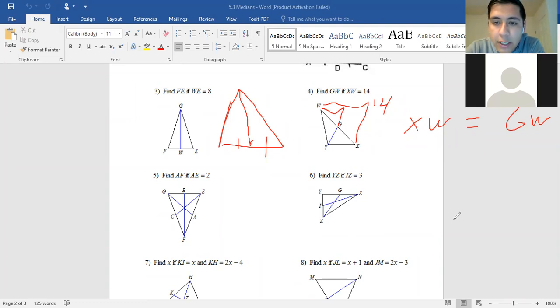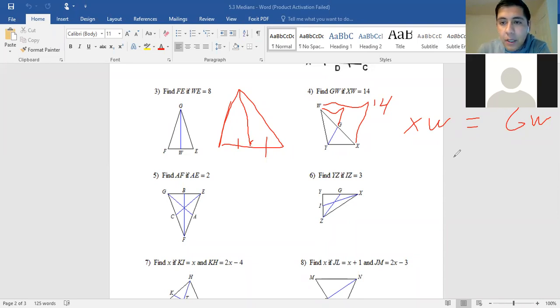So what is the relationship between XW and GW? If you remember, we're trying to set this up so we can do an equation, in a sense. Can anybody tell me again, how much of XW is GW?